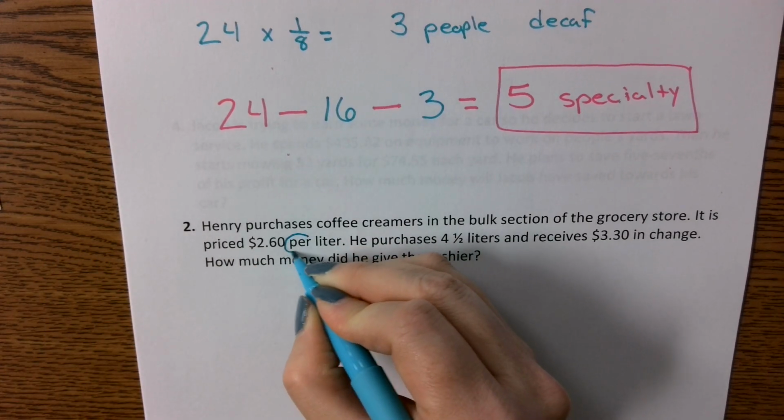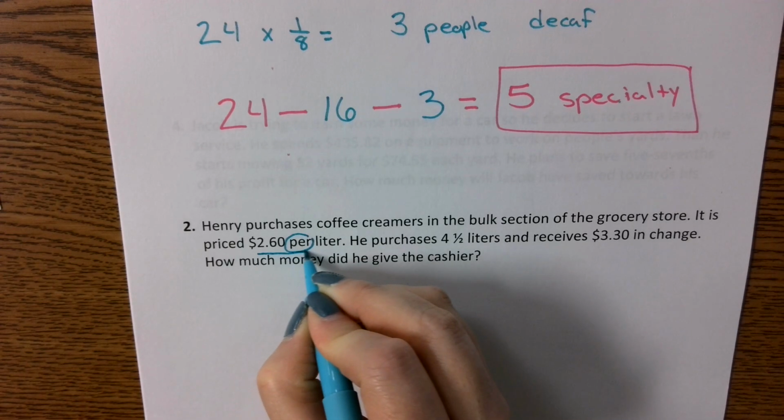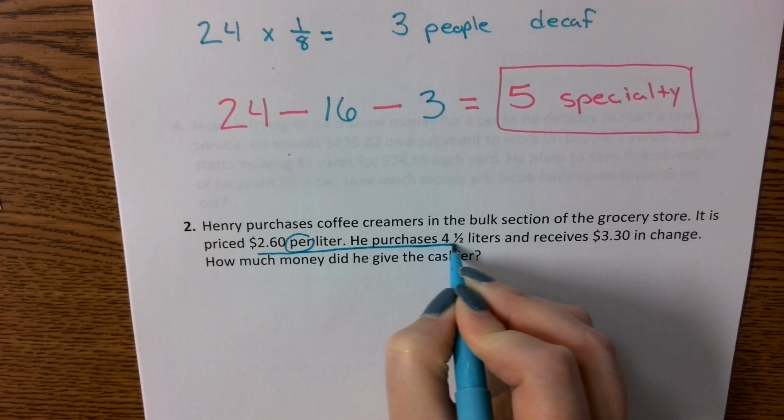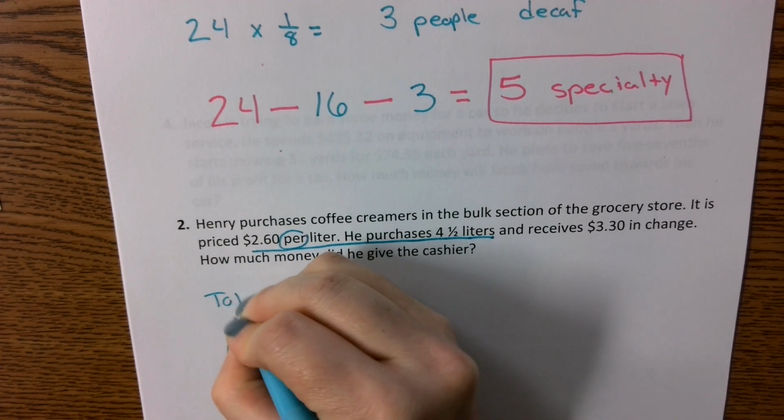Keyword, per. Per was in the problem. Right, Bubba? Per was in the problem, not in the question. It was in the problem. So that means we're multiplying. We're going to take $2.60 per liter and we're going to multiply it by the number of liters. That's going to figure out our total cost first.